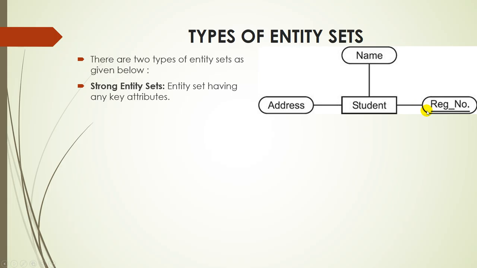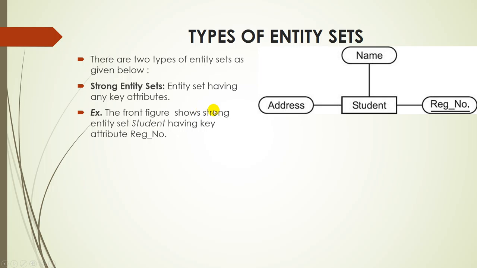In this example, the entity student has three attributes: register number, name, and address. Because the unique key, register number, is included, we say this is a strong entity set.